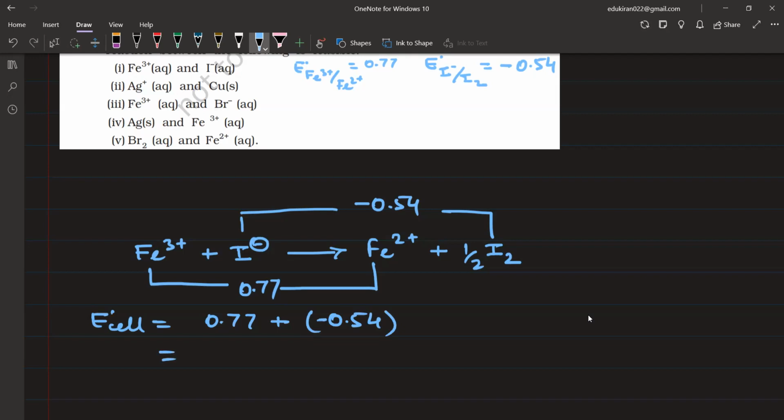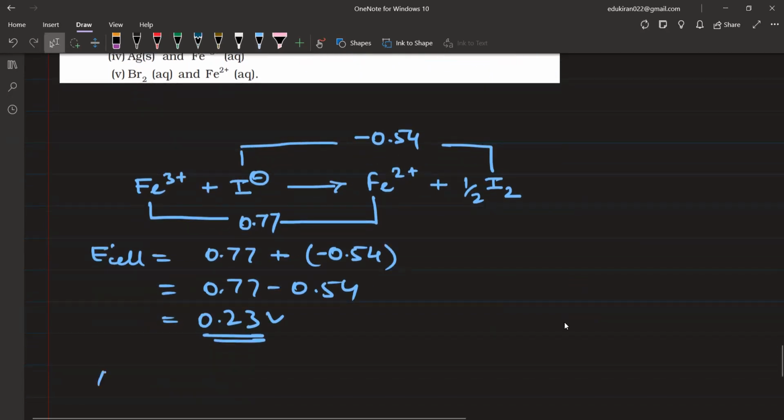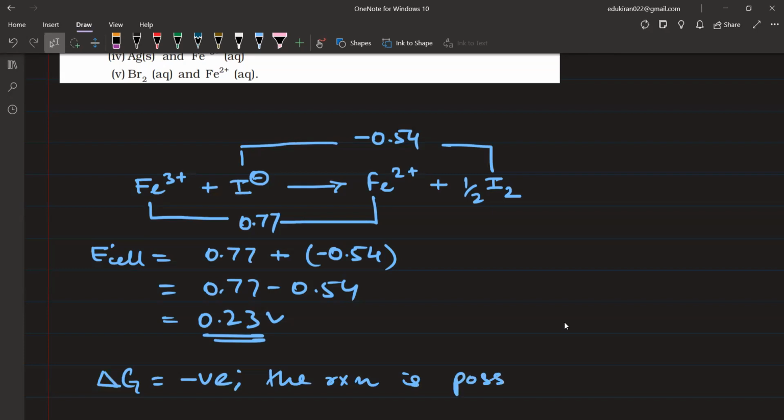This value will be positive, no? 0.23 volts. So if E naught cell is positive, delta G will be equal to what? Negative. You can say the reaction is possible. Got it?